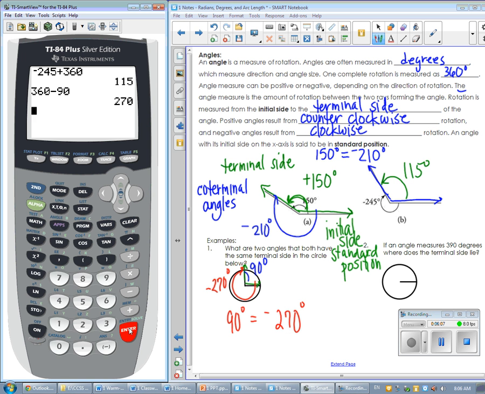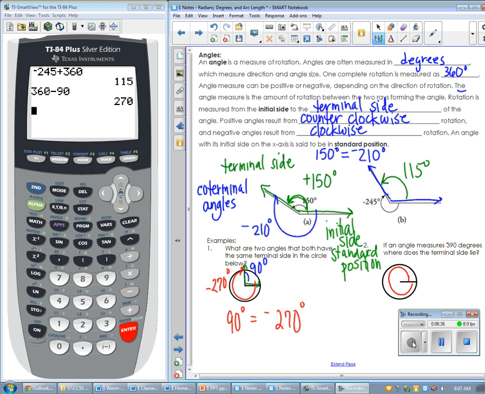We can also have angles that are more than 360. And so if you take a look at number 2, it says if an angle measures 390 degrees, where does the terminal side lie? So since this is a positive value, I'm going to go counterclockwise. So here's my initial side. Sorry, my board's not calibrated anymore. So if I go counterclockwise, all the way around once is 360.